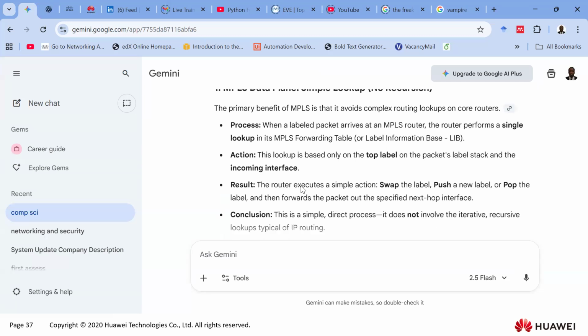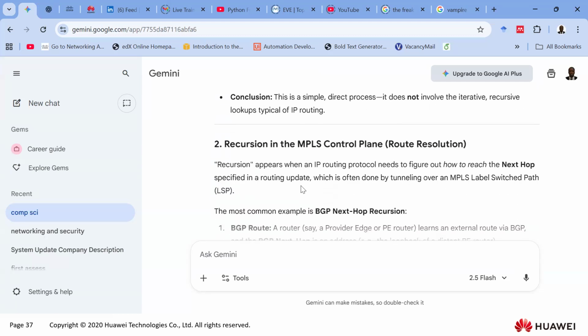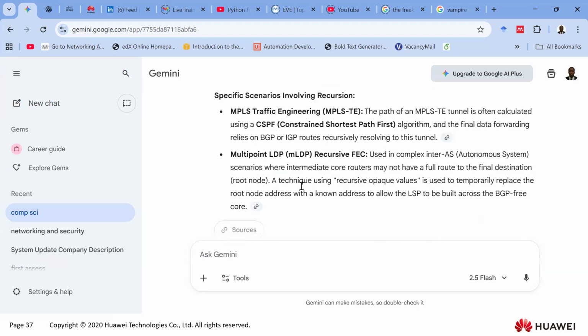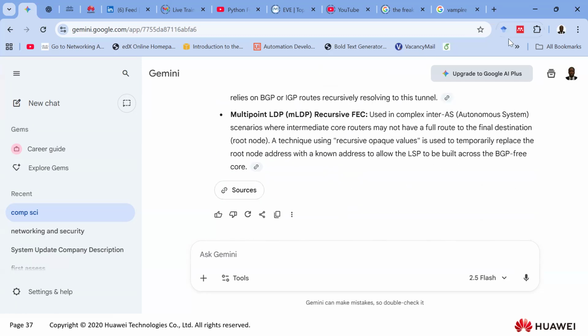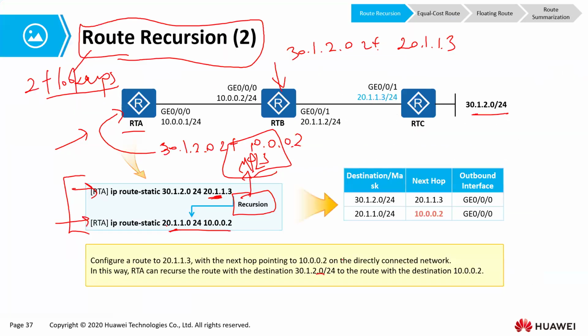Simple lookup. Control plane. Yeah, I don't want to complicate things for us just yet. But I think I'll answer that question for you, probably in the inbox. I'll have to take a look at MPLS. I don't know if it is the same concept for now.